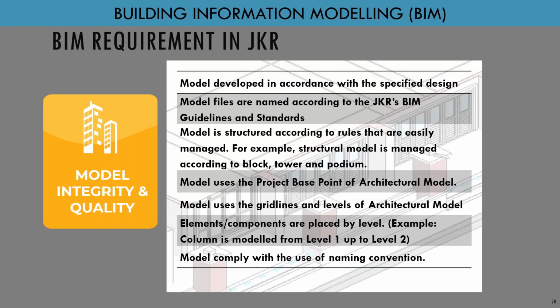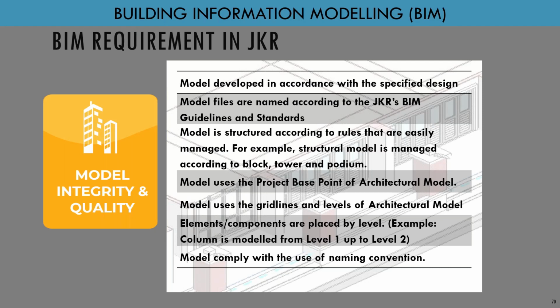And the fourth one, the model uses the project base point of the architectural model. When we talk about BIM, the first thing is that all the other consultants need to get the architectural model. So we just link it, and we need to make sure the project base point is at the same place. And then the model uses the grid lines and levels of the architect model, so it must be the same as the architect's.